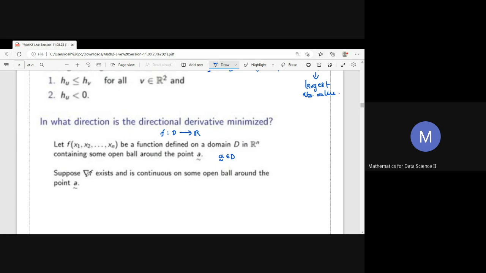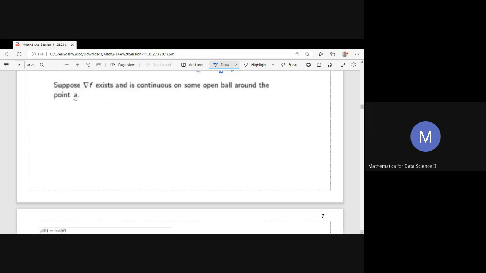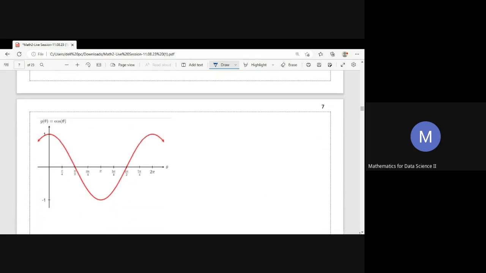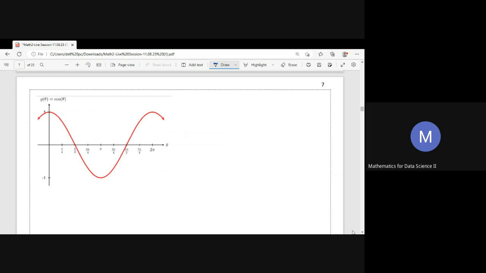Suppose the gradient function exists and is continuous on the open ball around A. This assumption is usually made for most of the functions we are considering, except for very specific problems which we discuss in class. Now, what is the formula for directional derivatives in terms of gradient? Can you tell?